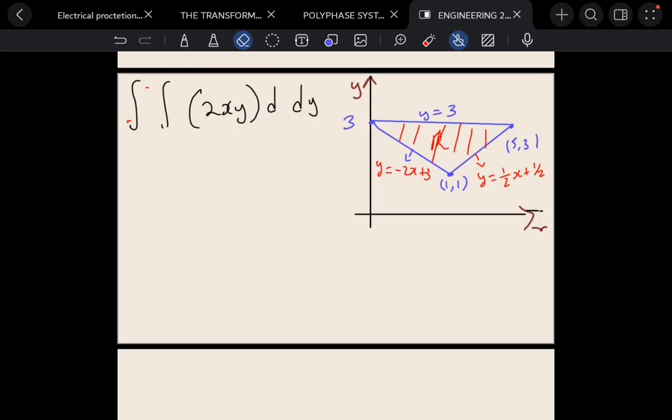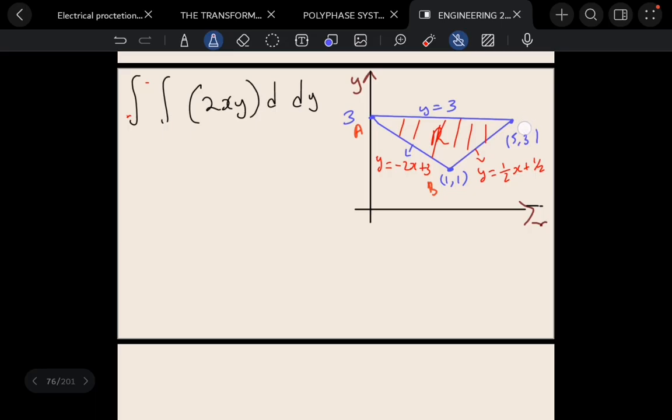if you go to this region of mine, that is y is equal to 3, just name this A, B, C. Right?